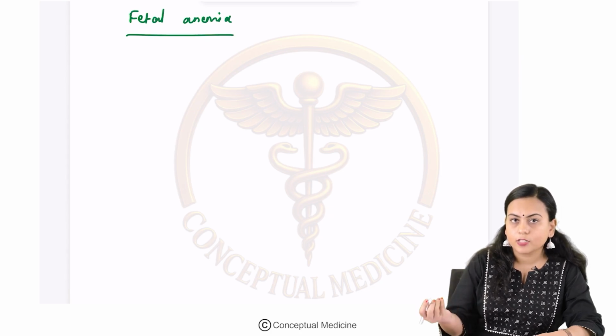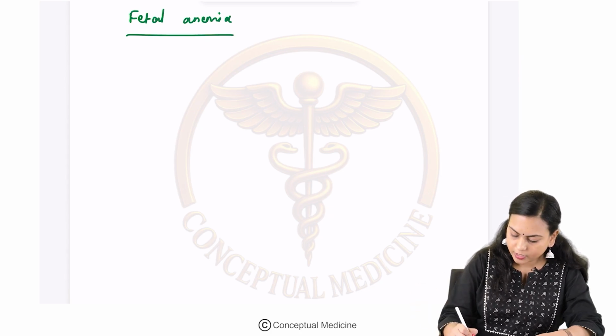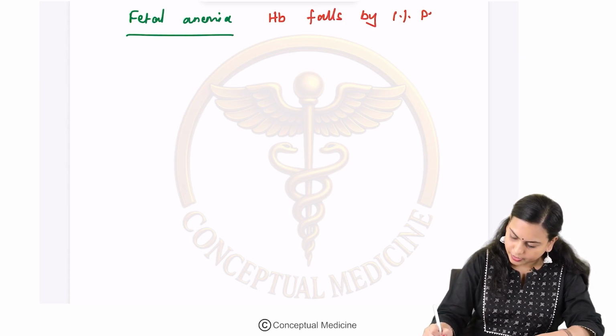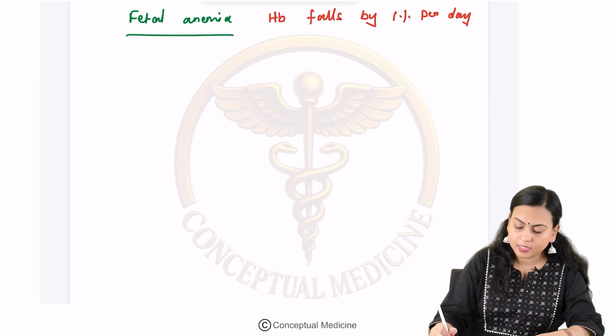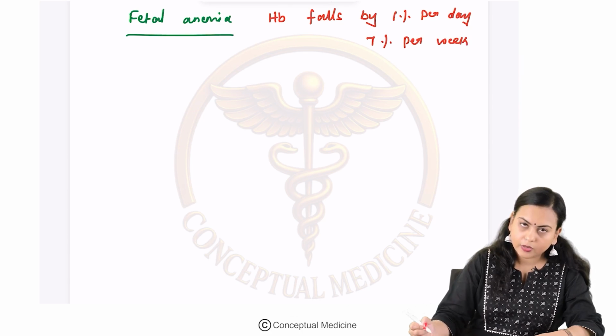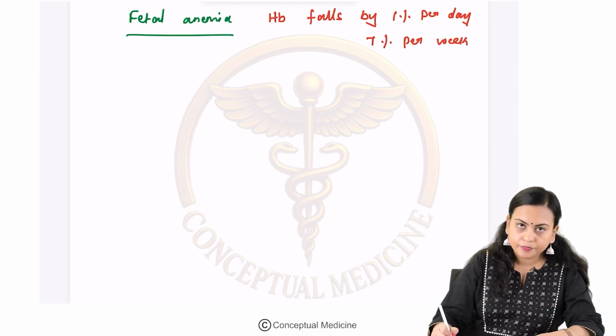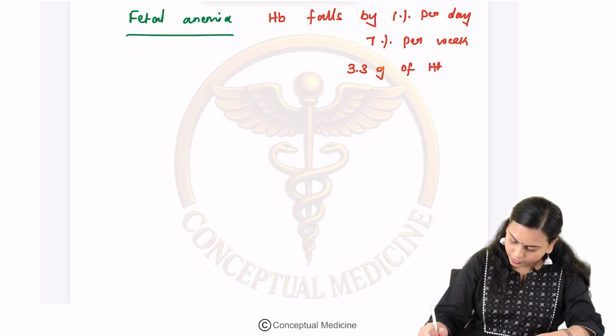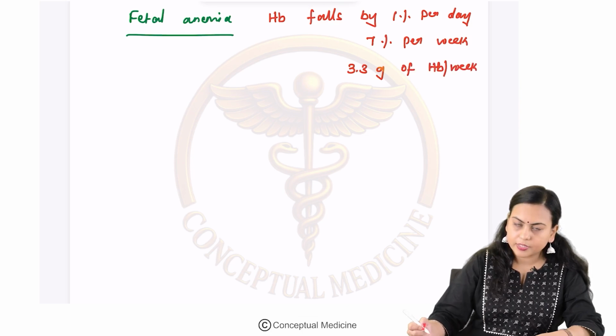Yes. Now, if we take fetal anemia, the hemoglobin falls by 1% per day. That means 7% per week, and around 3.3 grams of hemoglobin per week will be lost.